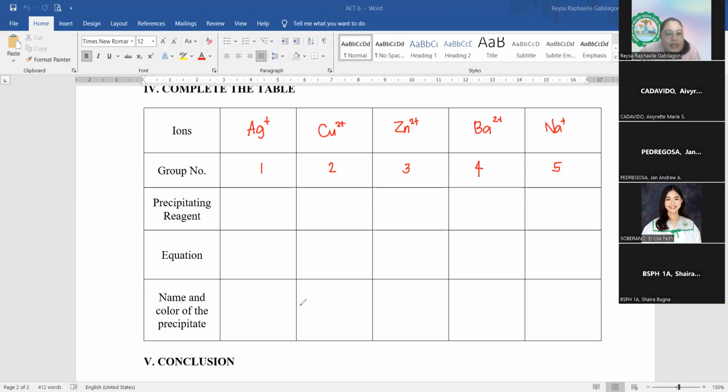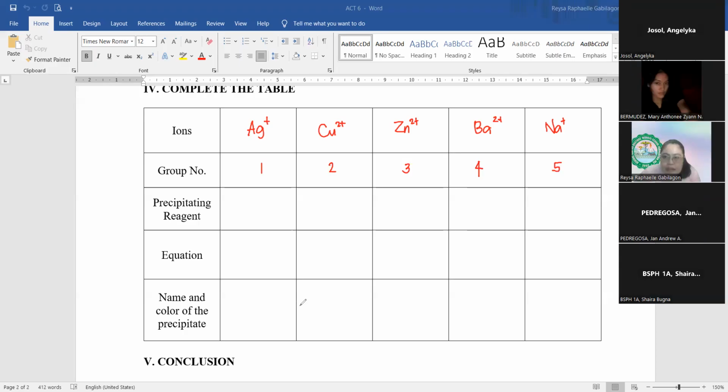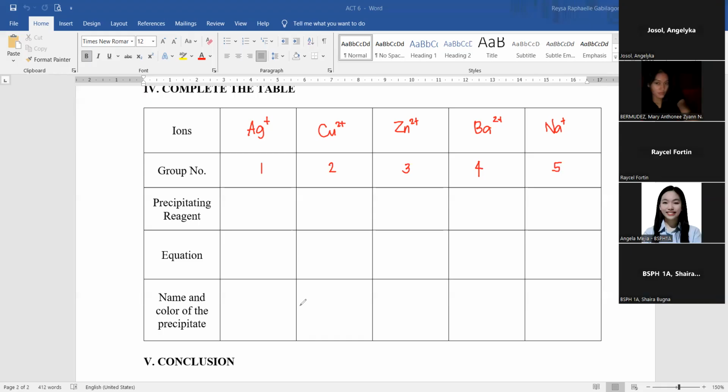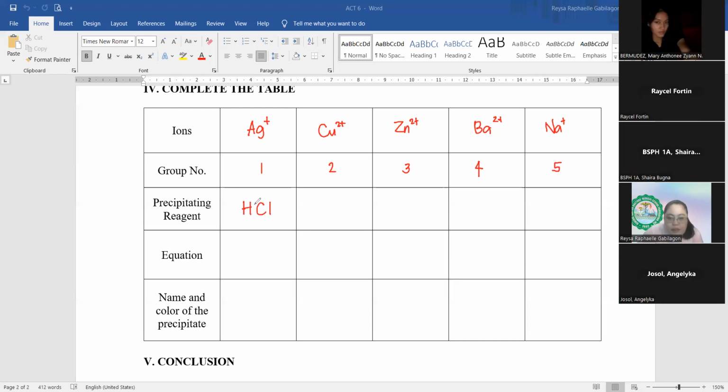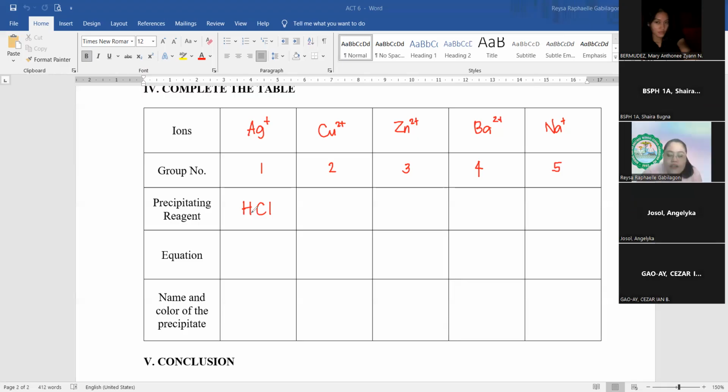Sige. So what was again the precipitating reagent of our silver based doon sa ating experiment? Yes, Angelica? HCl po, ma'am. Okay, that was the HCl. Okay, to be exact, that was 2N. The concentration was 2N.